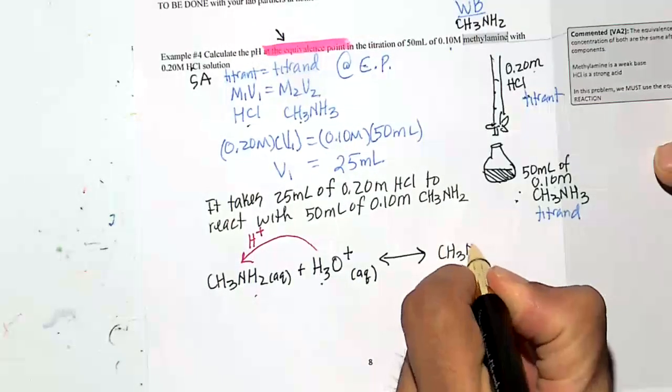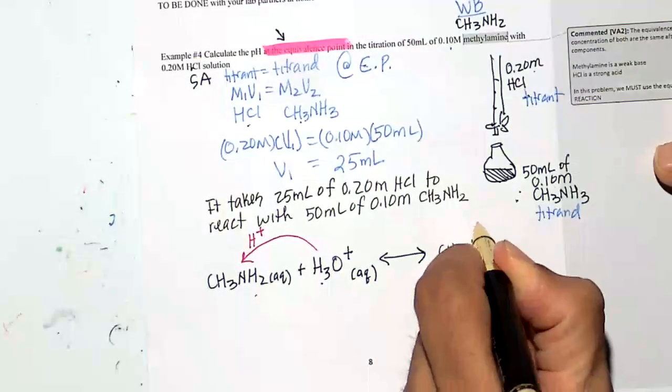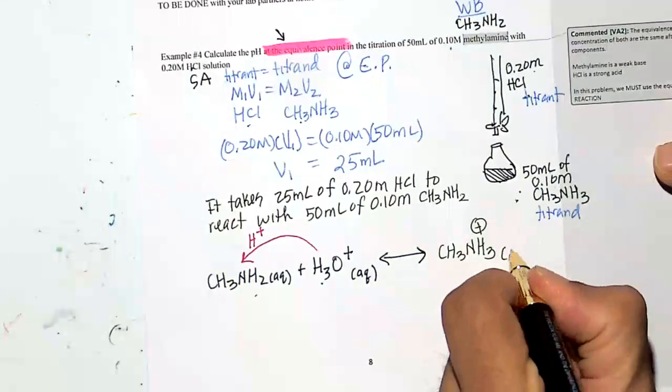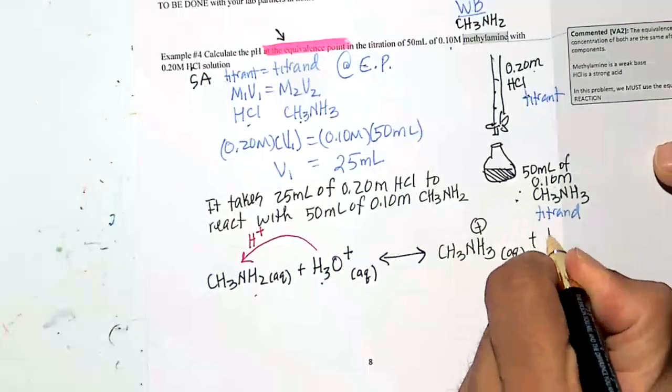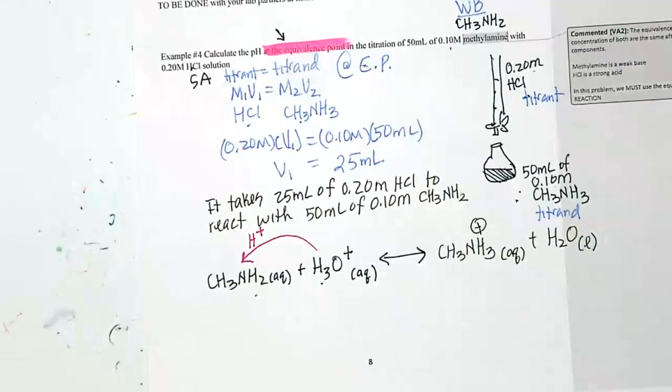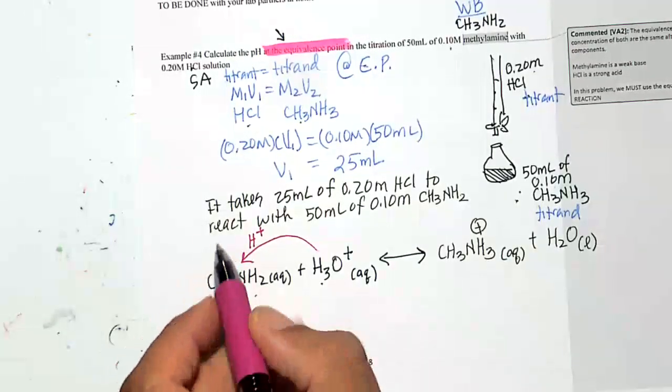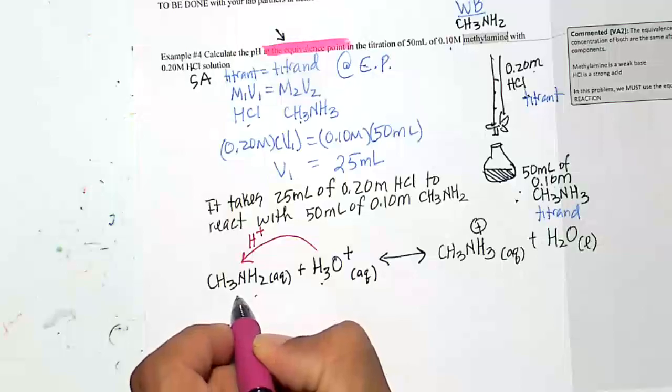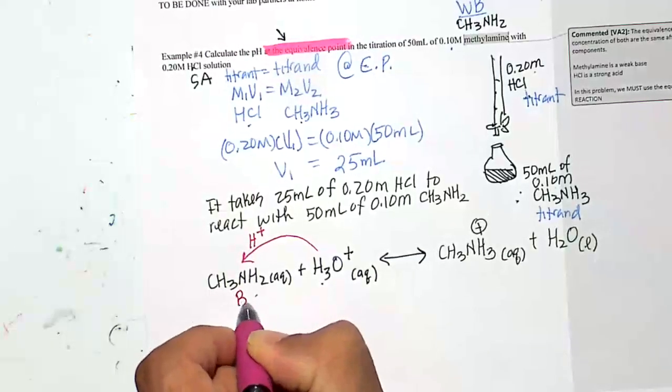And then we get CH3NH3 plus aqueous plus H2O. What is the state of H2O? It will always be liquid. What's the conjugate acid and conjugate base here? What's the partnership? This is a base, since amines are bases.